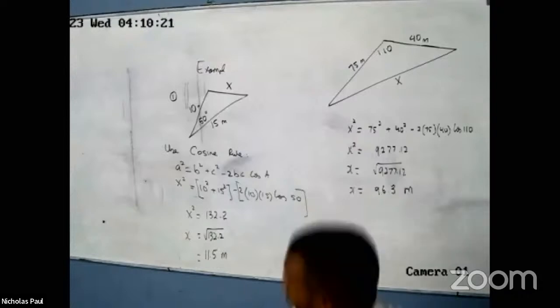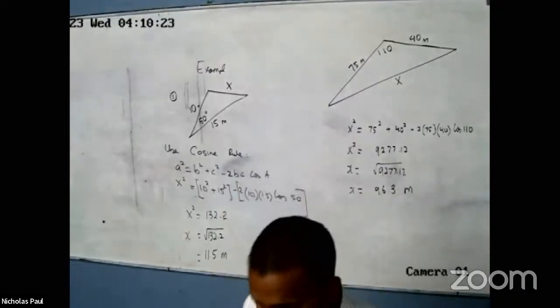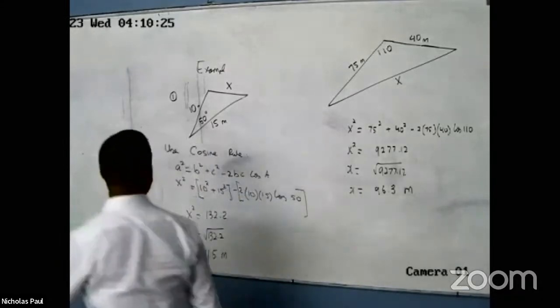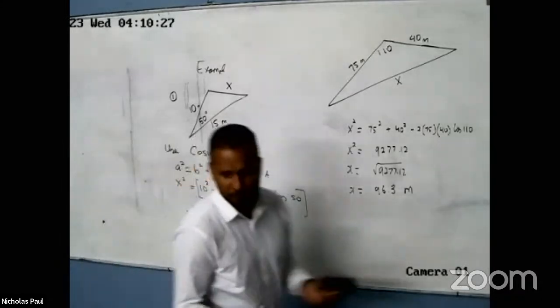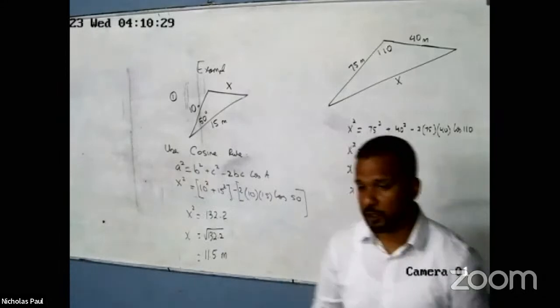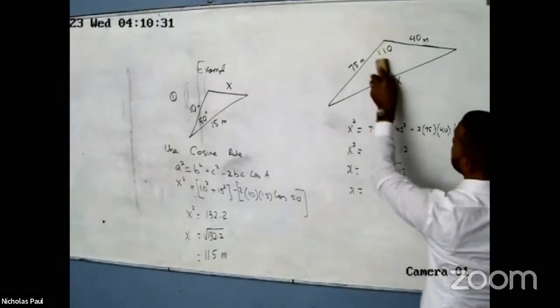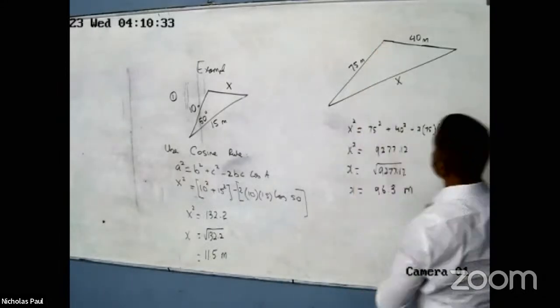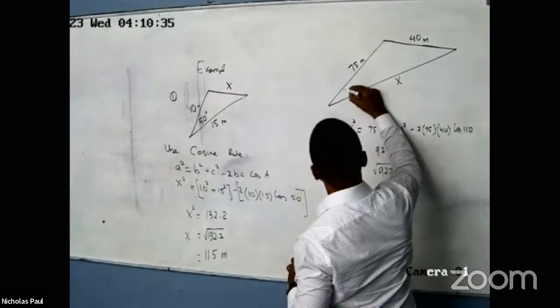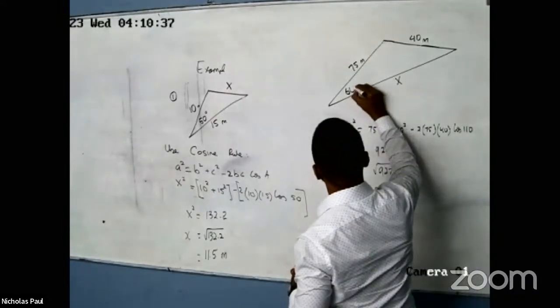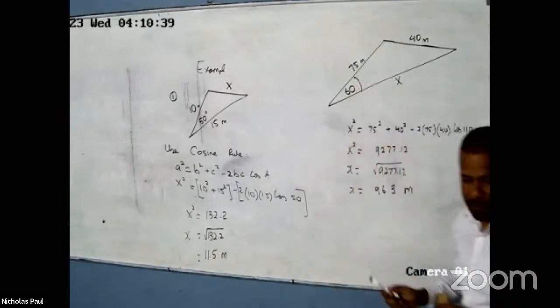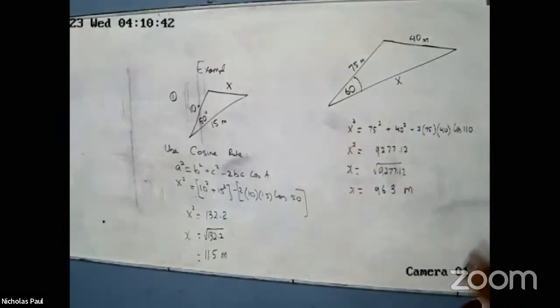Basically you're transposing the formula. Watch this here. Suppose I change where the angle is. Suppose I do something like that. Same cosine rule. It's not the sine rule because I didn't give you any other angles.